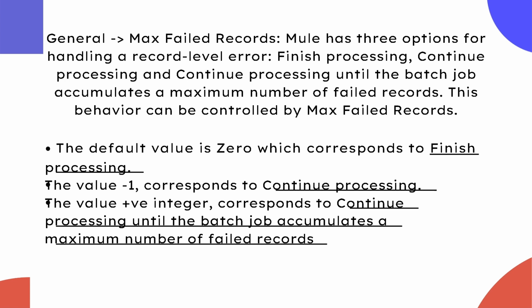As you can see, the max failed record count has been reached. So the next time another failure happens, the batch process will stop. Once that threshold is crossed, it will stop processing.